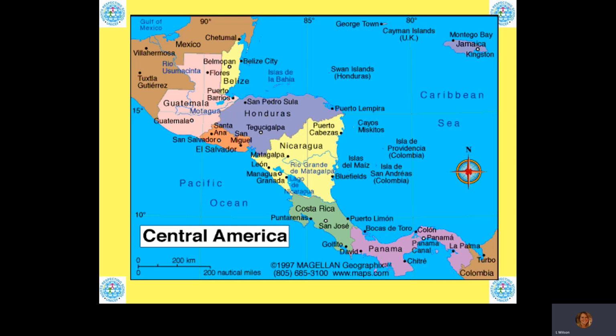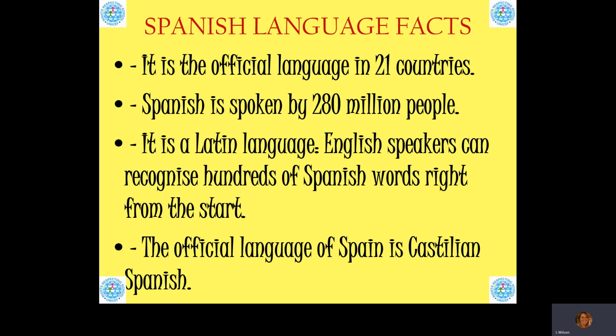So when we're talking about Spanish speakers in the world, there are lots and lots of places where Spanish is an official language. So 21 countries, there we go, and it's spoken by 280 million people.